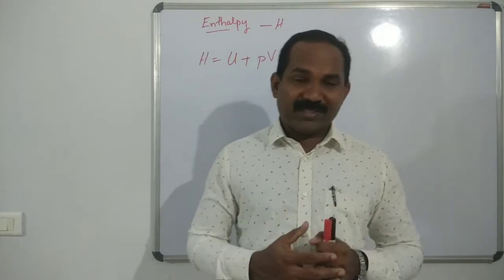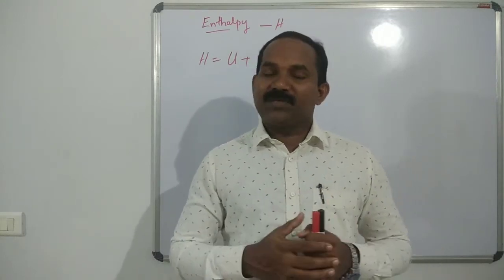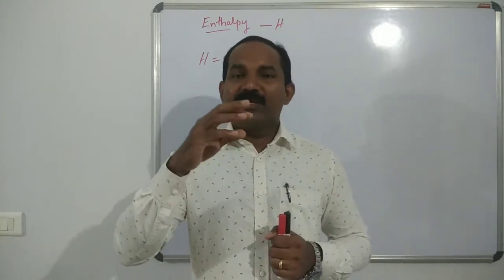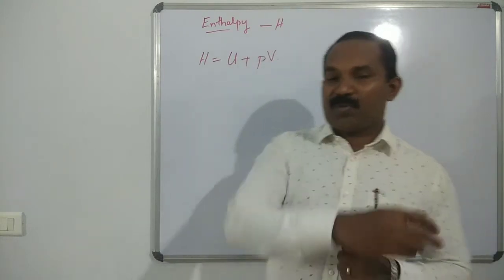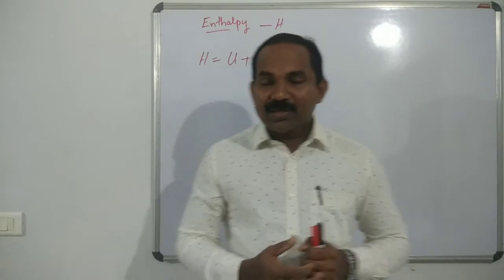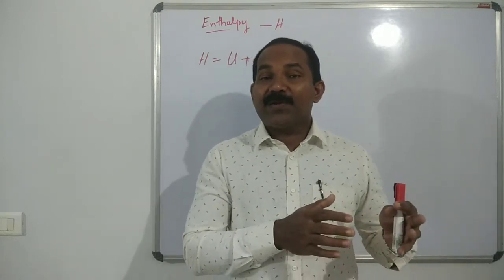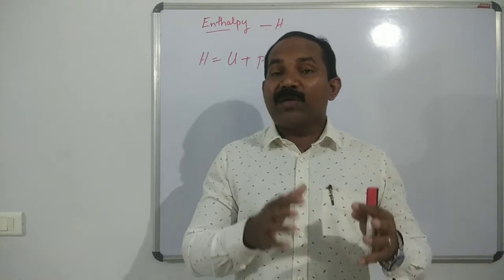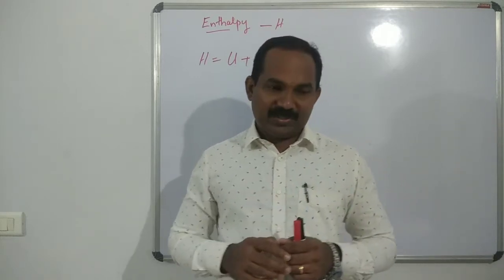The property which depends upon the quantity or amount of the substance. So it is a state function as well as an extensive property. Enthalpy is the sum of the internal energy and pressure volume energy at a particular set of conditions.